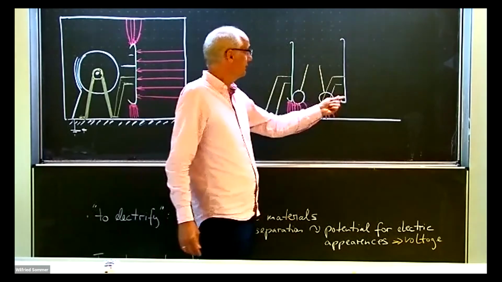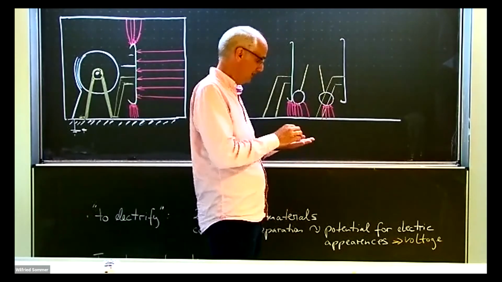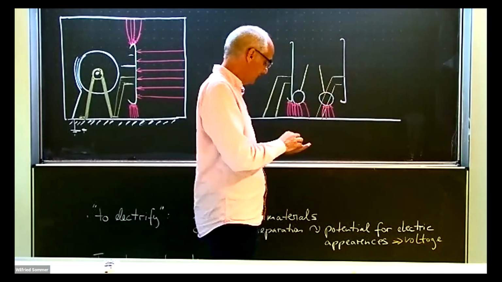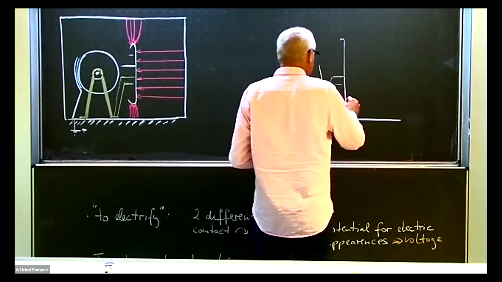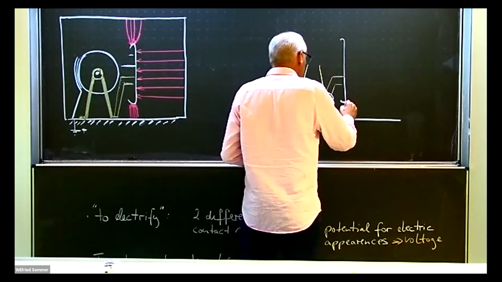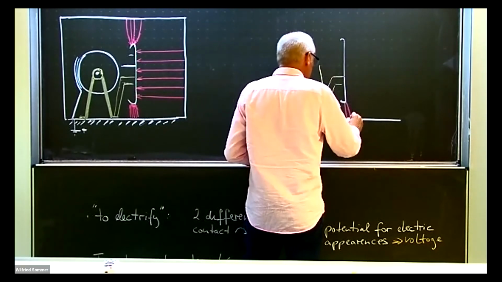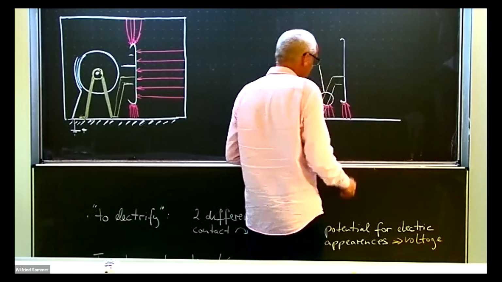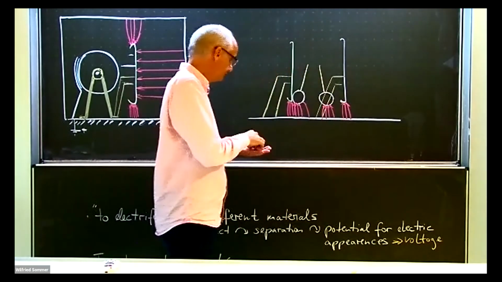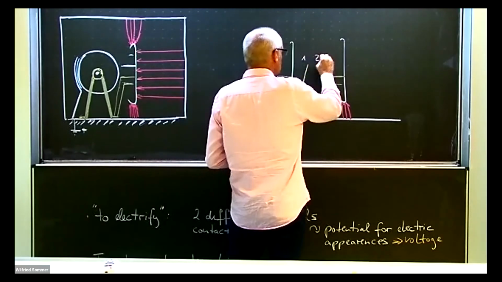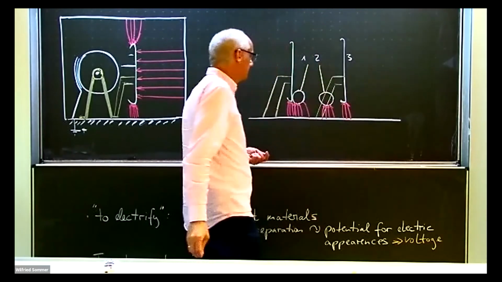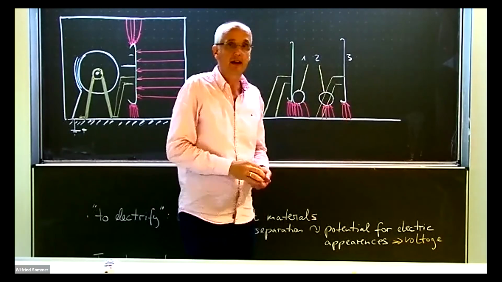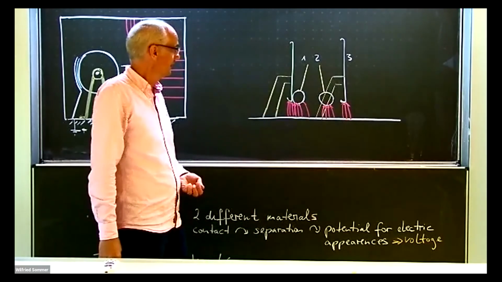And if the conductor finally arrives here at this position, then this plate will be electrified and you will have at least some part of the field being attached to this conductor. That is 1, 2, 3. If the field is completely displaced, I should draw 4 lines, otherwise 3 lines.